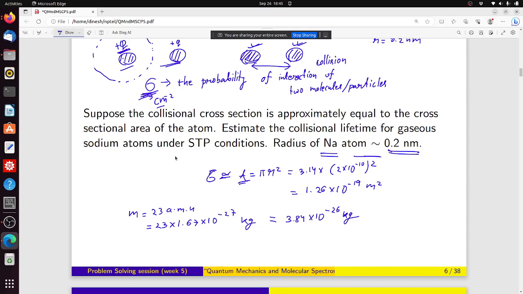We need to calculate the collision lifetime of this gaseous sodium under standard temperature pressure. Under standard temperature pressure, temperature is 273 Kelvin and pressure is 1 atmospheric pressure or 10 to the power 5 Pascal.